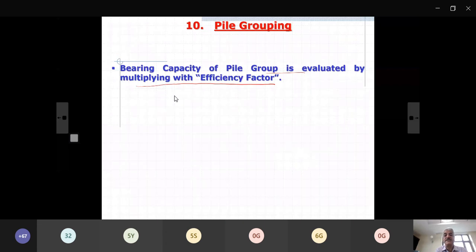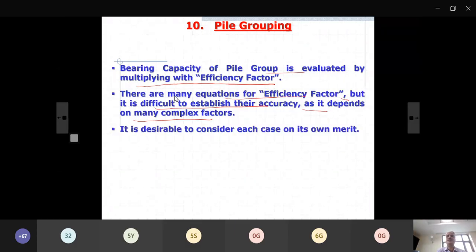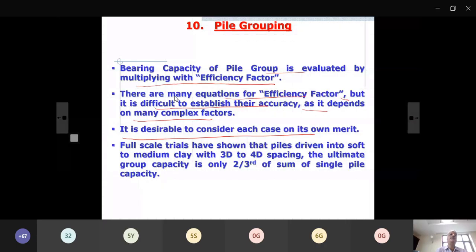Now getting the efficiency factor is a difficult job. There are many equations for it, but it is difficult to establish their accuracy as it depends on many complex factors: the spacing, the diameter, the type of soil, the driving method, the casting method.